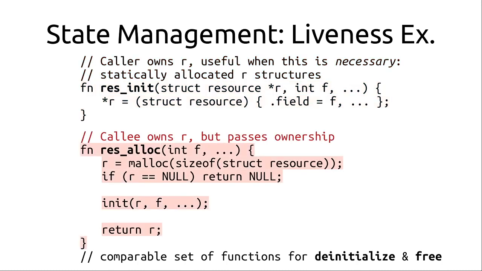Okay, so that's what the two of them do. Deinitialize, effectively, doesn't free the memory, it just deinitializes it. And then res free will actually call deinitialize and then free the memory itself. So this is a very common pair of functionalities that you see in C, because C gives you the ability to do stack and global allocation of different objects.